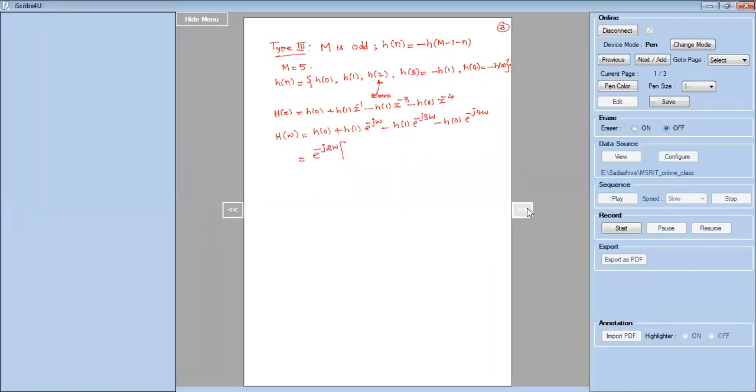I will consider it as a common factor. Then I will be having h of 0 into e to the power of j 2 omega plus h of 1 into e to the power of plus j omega, minus h of 1 into e to the power of minus j omega, minus h of 0 into e to the power of minus j 2 omega. Please tell me, is it right or wrong?